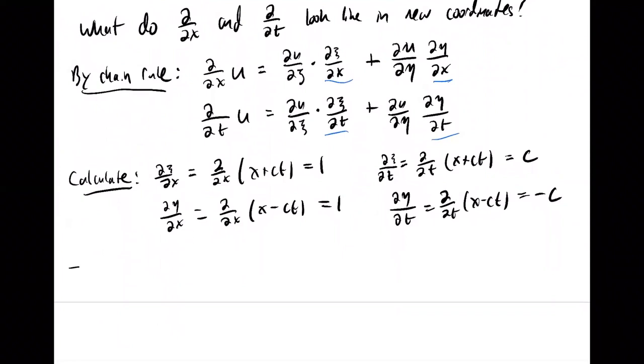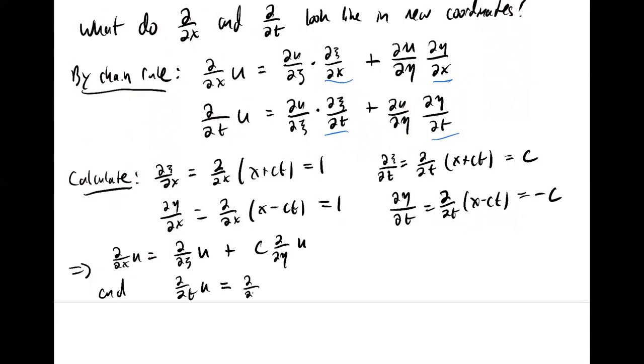And so this tells me that the derivative with respect to x of u is the same thing as the derivative with respect to xi of u plus c times the derivative with respect to eta of u, and also the derivative with respect to t of u is equal to the derivative with respect to xi of u minus c times the derivative with respect to eta of u. Right? And so this works for any u.